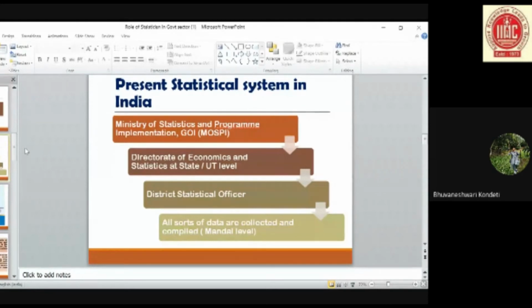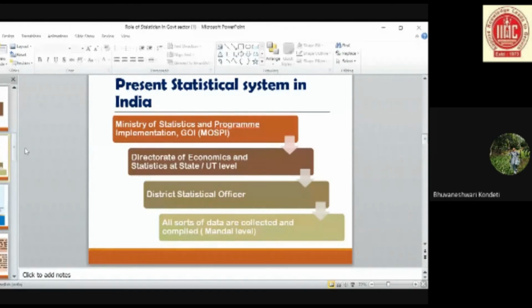And he is the head, he is responsible for all the statistical activities and is responsible for all the type of data, quality of the data at the Mandal level. So in his handover, the total mandal will be there. So he is the person who is responsible for all types of statistical activity takes place at the mandal level.